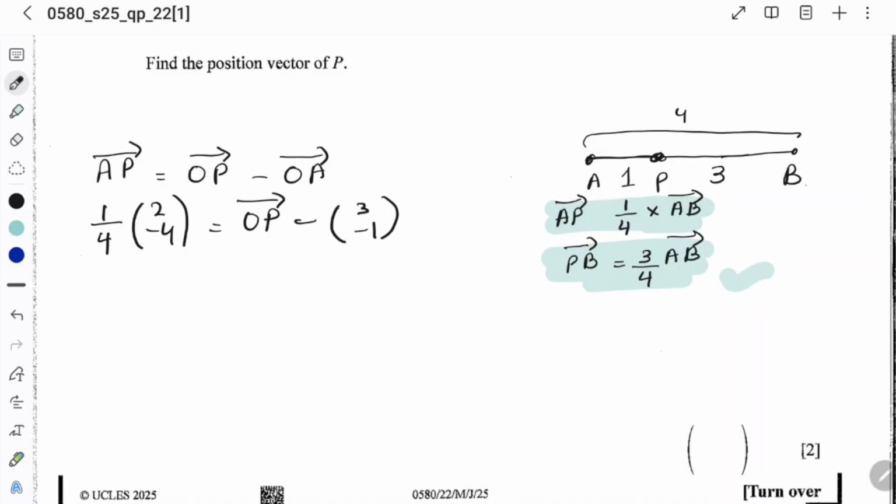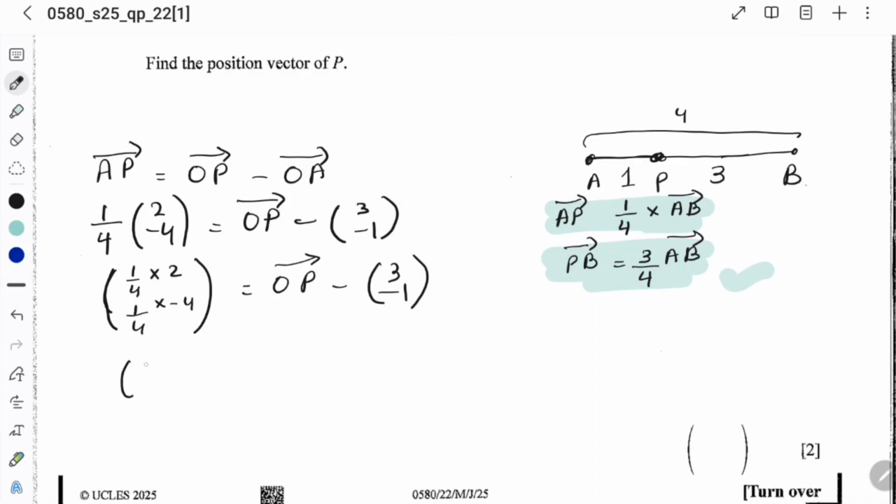Just rearrange and find your answer. That AP is equal to 2 upon 4, which means half, and minus 4 upon 4, because it's a quarter of 2. If you don't understand, I can write down a quarter of 2 and a quarter of minus 4, equal to OP minus 3 minus 1. OP is our question.